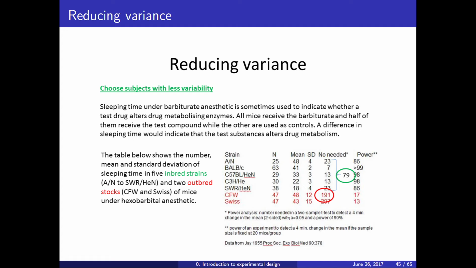You should choose subjects with the smallest variability, because that will give you statistical power. So if there is a difference, you will be able to detect it. And for that, inbred strains are very much used. So here you have, for instance, different names for different strains.